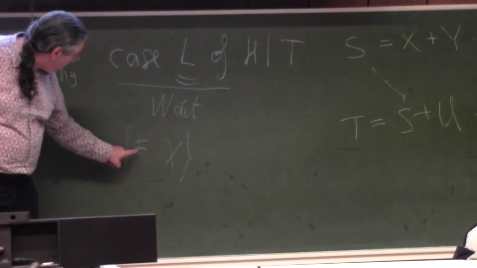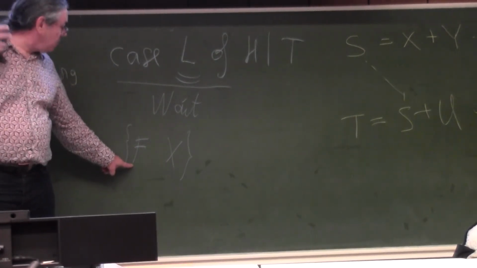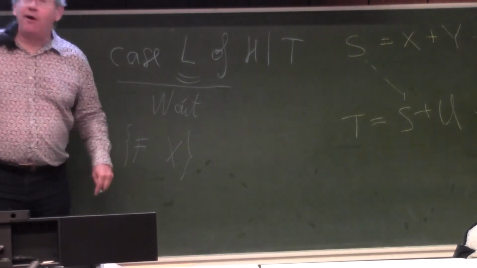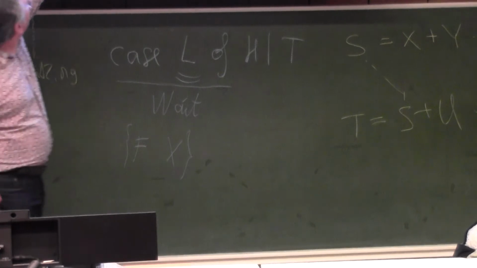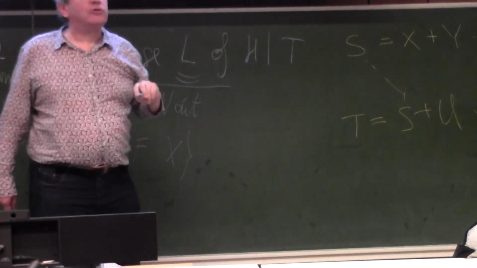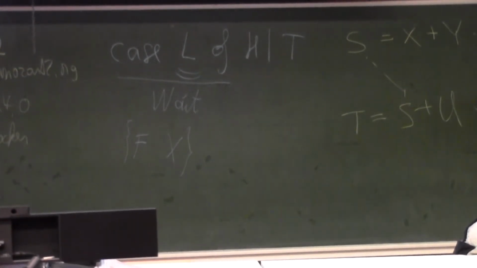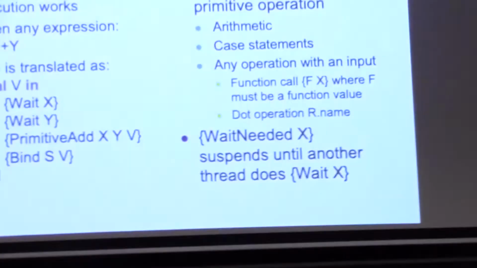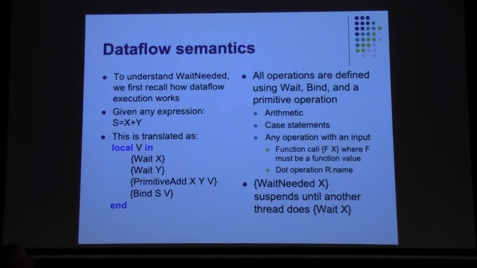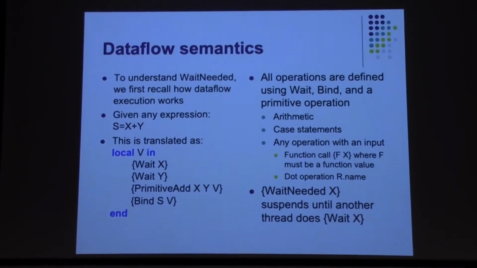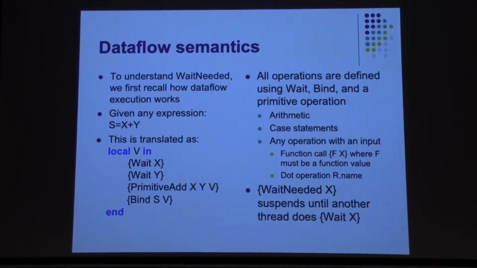It has to wait until f is bound, because if f is an unbound variable, you cannot call it. Or the dot operation, if r is a record, r dot name, it has to wait for r. Okay? So you see, any operation that has an input will need that input. So the wait needed operation is added to that.